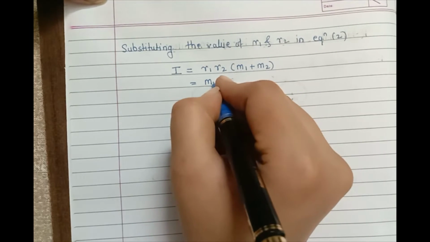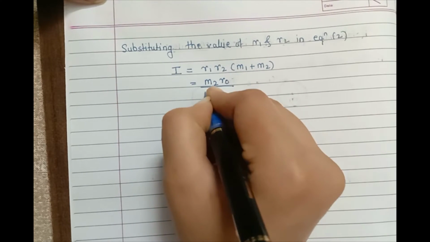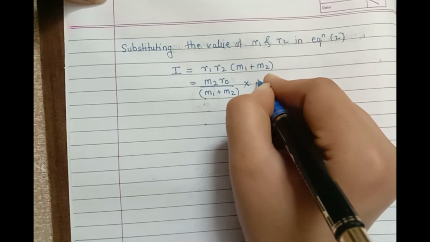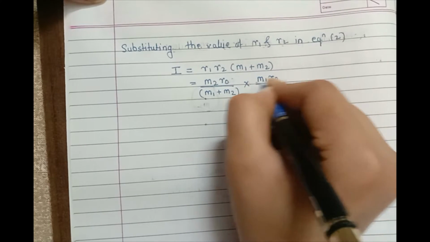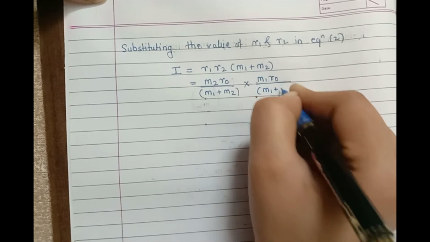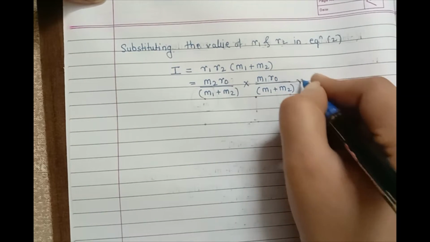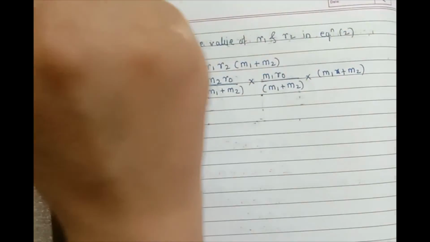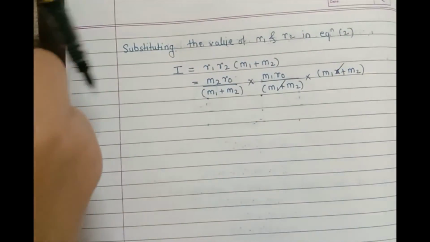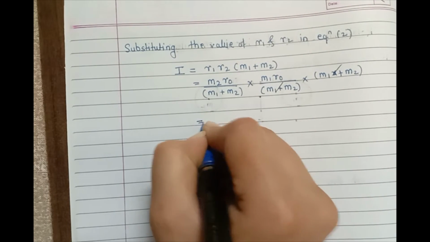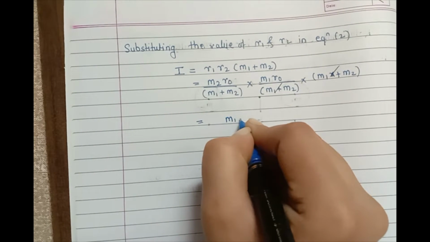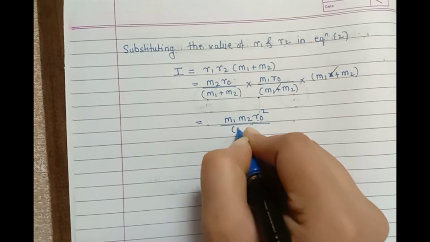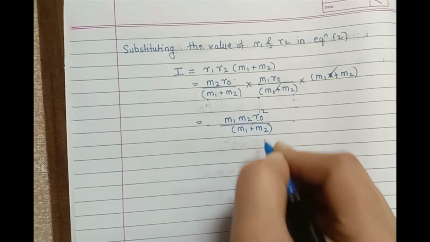R1 is equal to M2 R0 upon M1 plus M2, and R2 is equal to M1 R0 upon M1 plus M2, into M1 plus M2. So one of the brackets gets cancelled. Whatever remains is M1 into M2 into R0 square upon M1 plus M2.